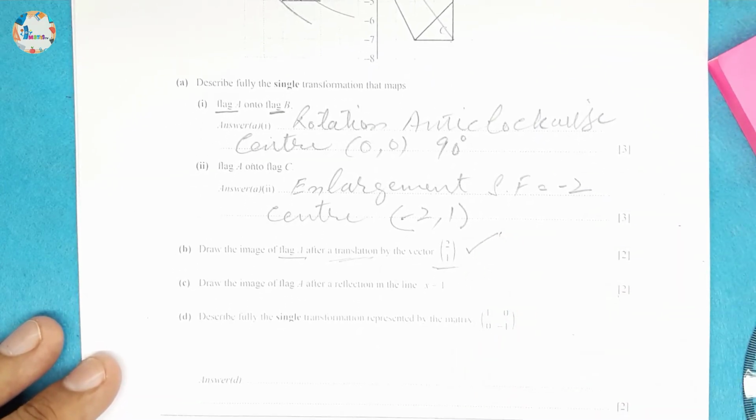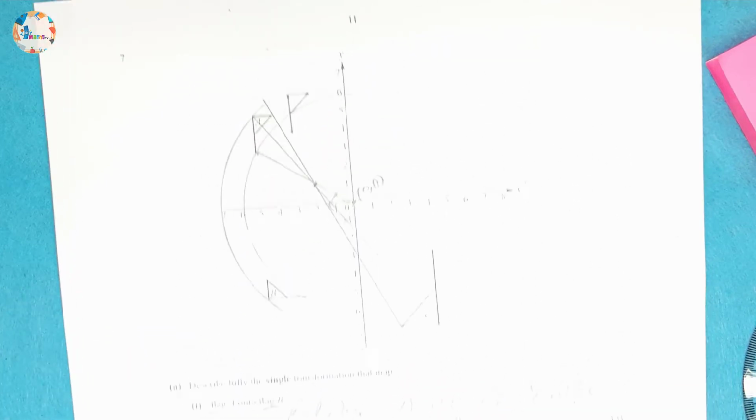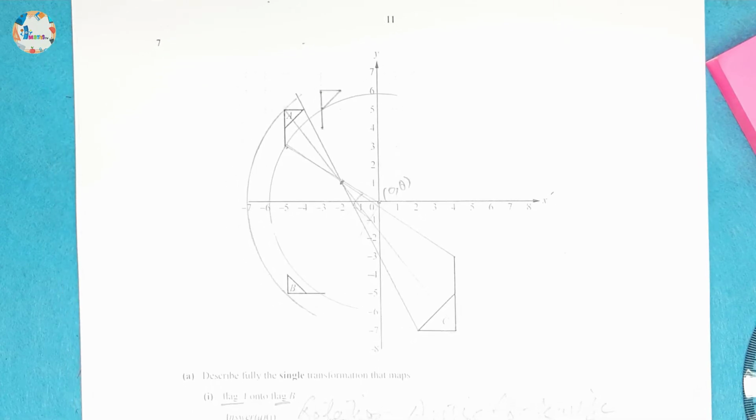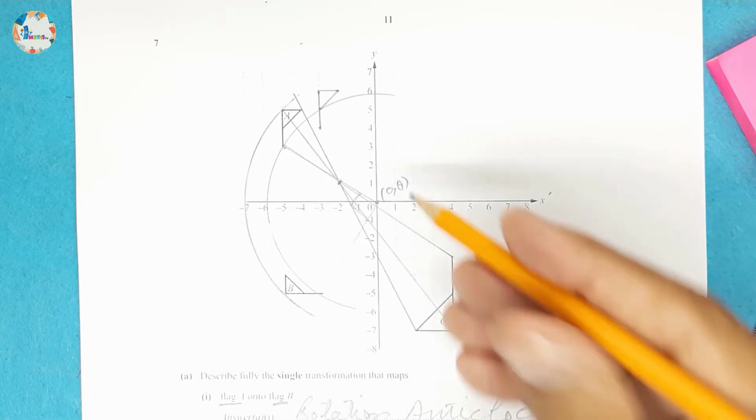Draw the image of flag A after a reflection in the line x = 1. So the line x = 1 will be this line.